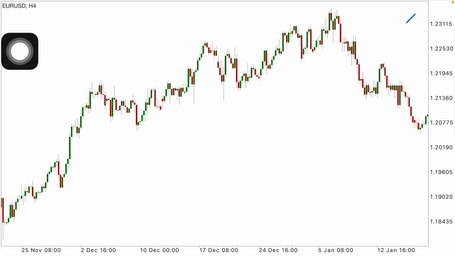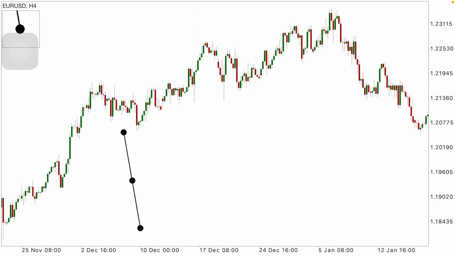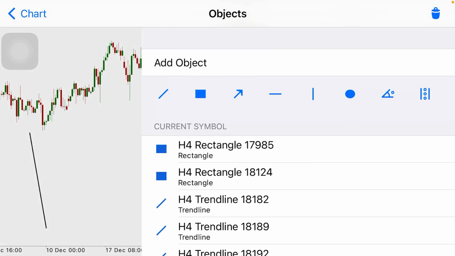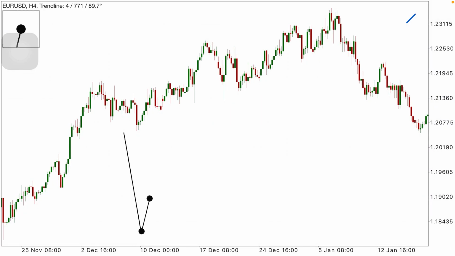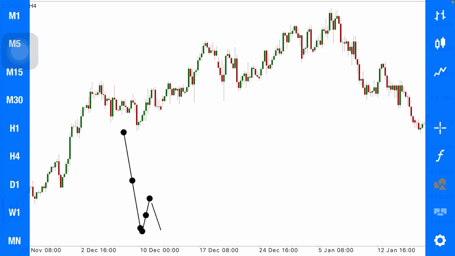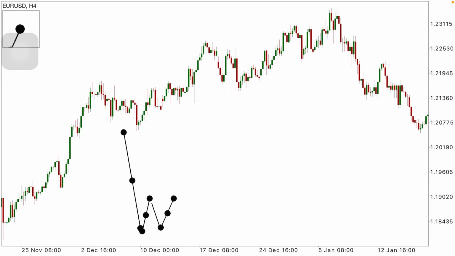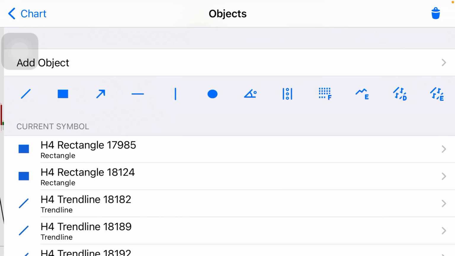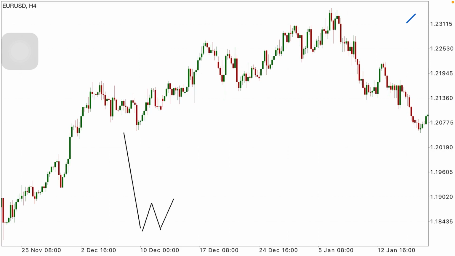Drop base rally: the market actually dropped. I'm using a straight line just to save your time, but you know that the market does not actually move in a straight line; it will be forming lower lows and lower highs. So the market formed a base and then rallied up.